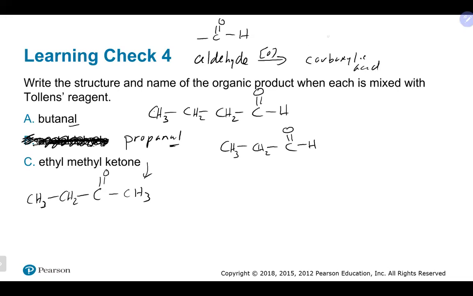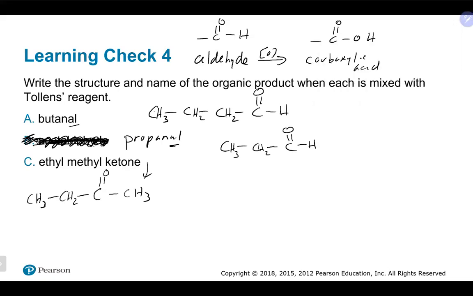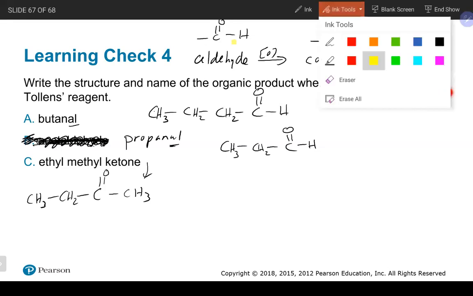And the functional group of a carboxylic acid is this group. Once again, the only difference between those two functional groups is the oxygen. Oxygen there, no oxygen there. So that is, again, the only thing that should change on our aldehyde: we're just going to insert the oxygen in front of the hydrogen.